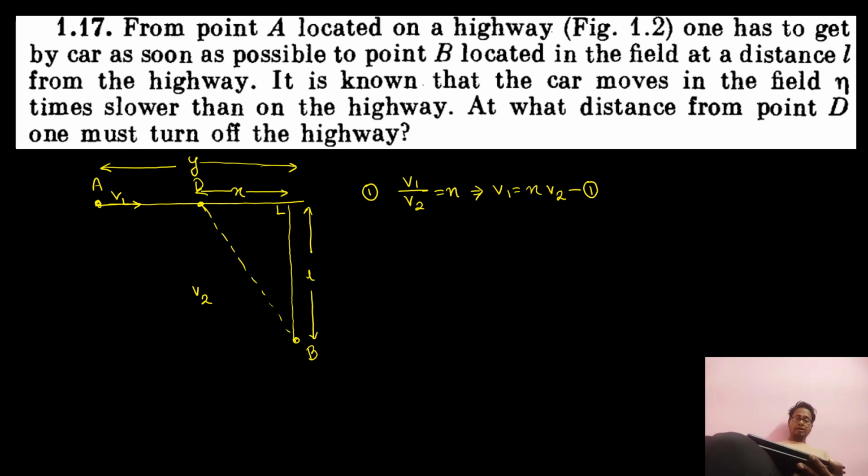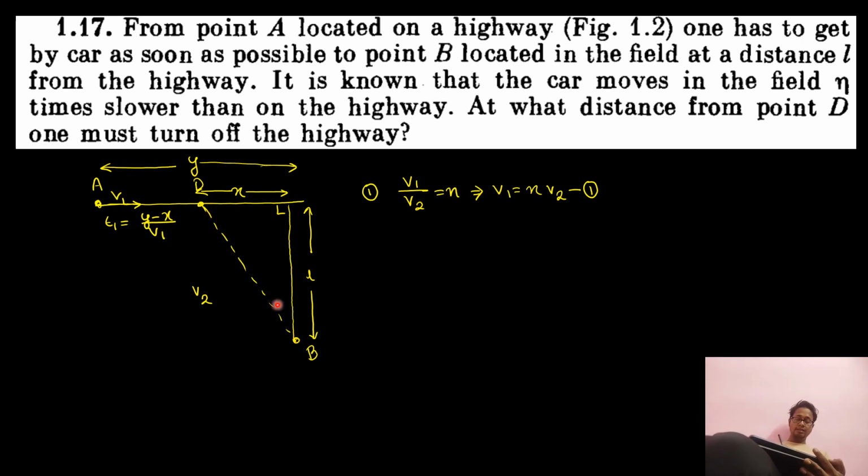Now you have to find out at what value of x he turns off so that the time taken is minimum. So what is the time taken out here? T1 is nothing but distance divided by velocity, and this distance is y minus x, so T1 is (y minus x) by v1. Then what is this distance?